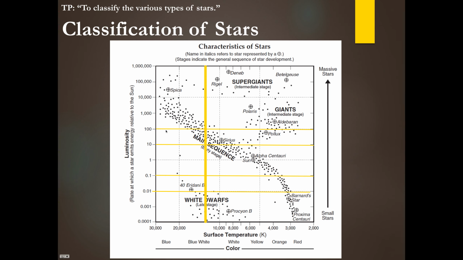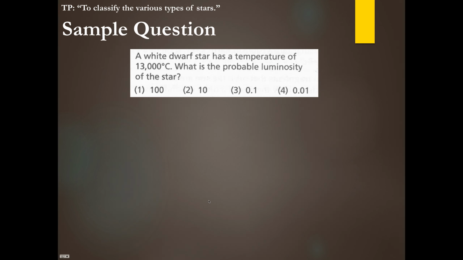So 100 is good for the main sequence. 10 is probably good for the lower portion of the main sequence. 0.1 touches a few stars for the white dwarfs, but if you notice, the 0.01 is really close to the white dwarf late stage section. So based on this question, we'll come up with 0.01. That's the brightness of a white dwarf star at that temperature.